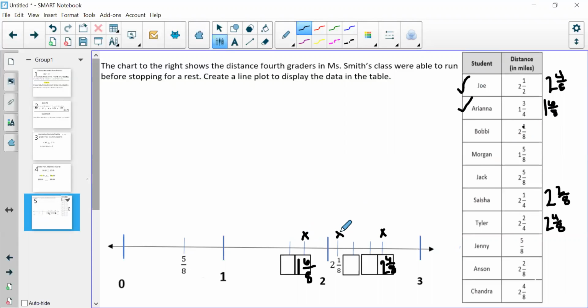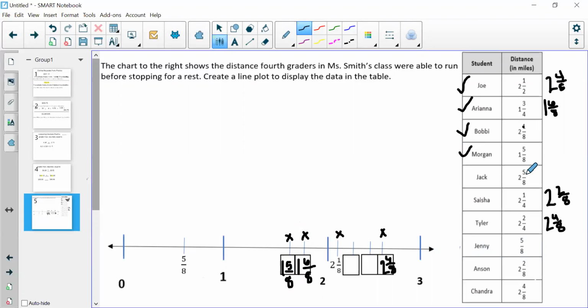So we're going to put an X for Bobby. Morgan ran 1 5/8. So 1 5/8 is just 1/8 less than 1 6/8. So I'm going to put it right about here. 1 5/8. And I'm going to X it right above.